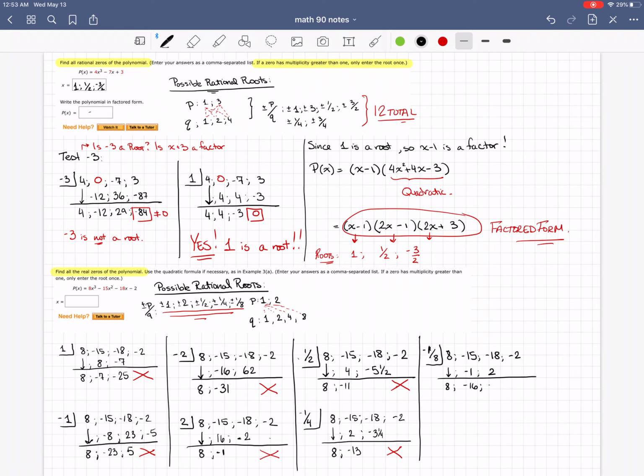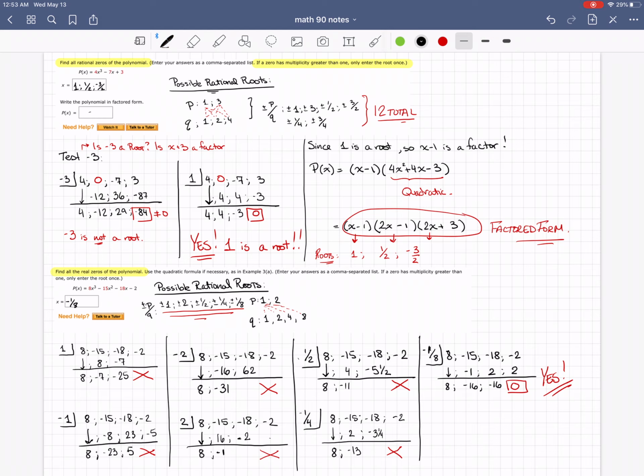Add is another negative 16. Oh, what a sigh of relief. Negative 16 times negative 1/8 is positive 2. There it is. So everybody is super, super pleased now. We found a root, and the root is negative 1/8.